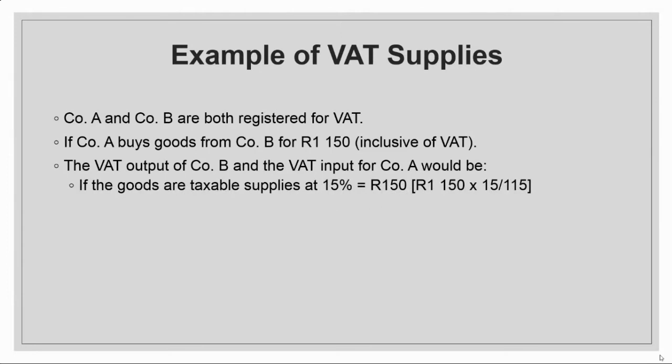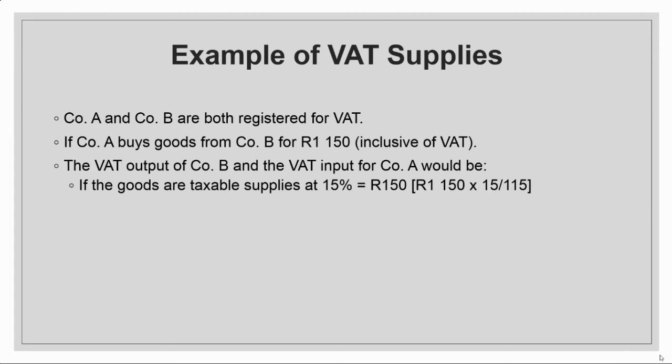Now, depending on what type of supplies you have, if it is a taxable supply that was being sold, we would raise VAT at 15%. Now, because that amount is inclusive of VAT, you take the 1,150, you multiply it with 15, which is the VAT rate. So what do I want? I want the VAT component, and you divide it by 115. Now, 115 represents a VAT inclusive amount.